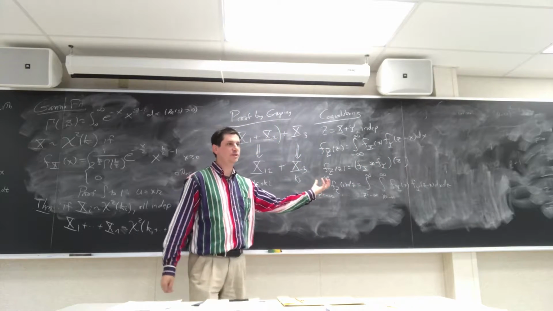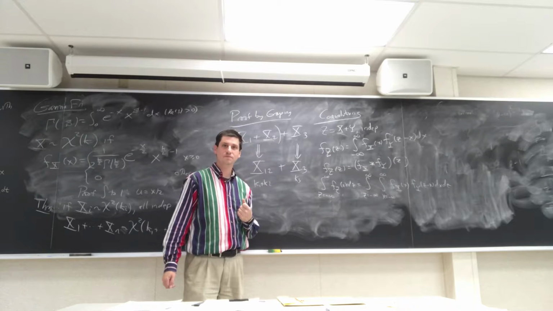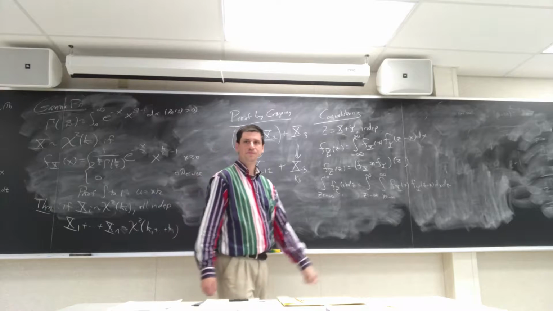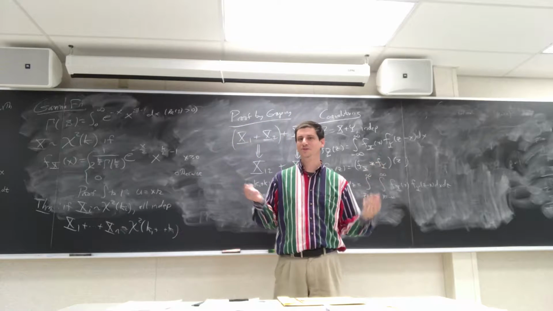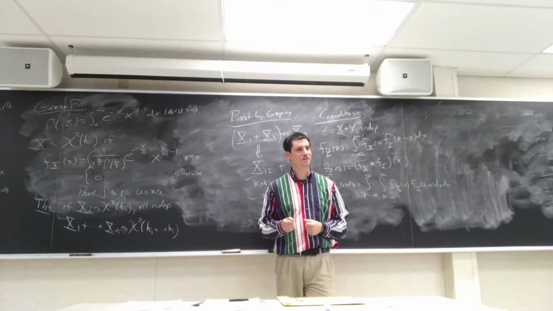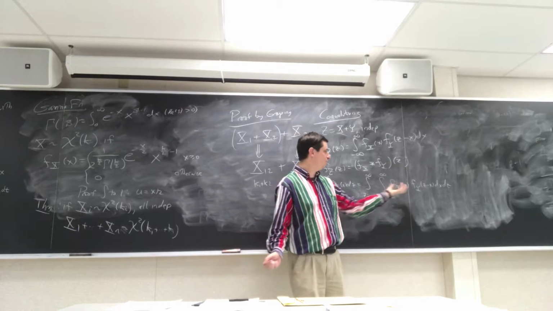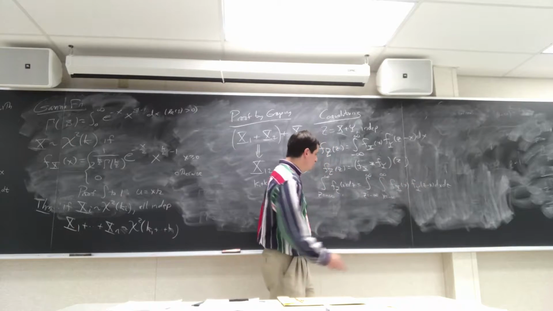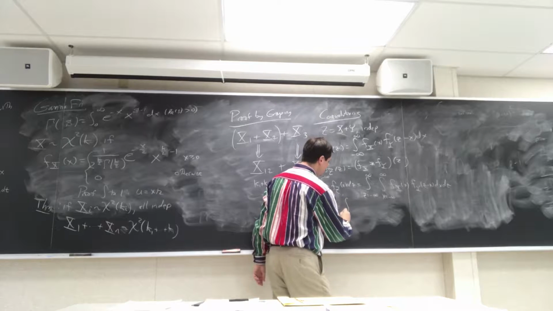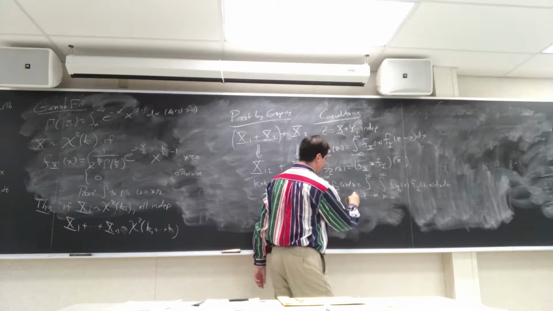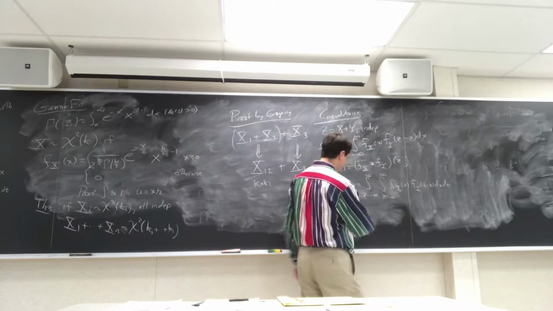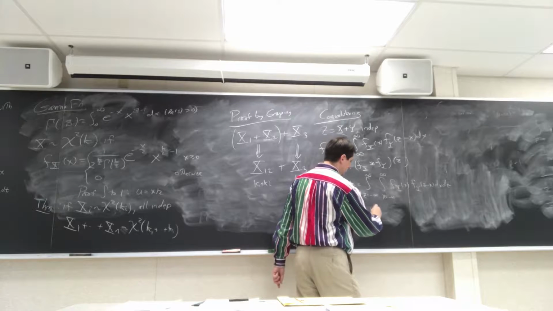How should I evaluate a double integral? What technique can I use? We only have two. Change of order. There's nothing else we can do. There's really no good change of variables here. Let's change the order of integration. So this is the same as x goes from minus infinity to infinity. This has no z dependence, so I can put that outside the z integral.